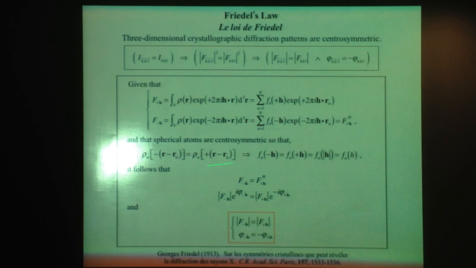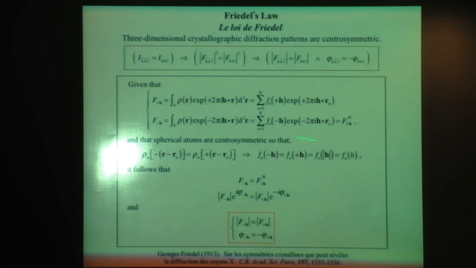And we can consider that we're modeling our atoms in the unit cell to get our scattering factors as spherical atoms. So that means that about the nucleus of the atom, the electron density distribution is centrosymmetric, same on one side as on the opposite side for a spherical atom.